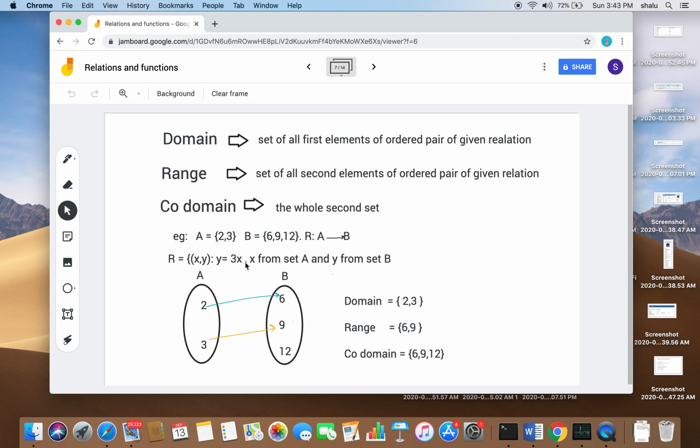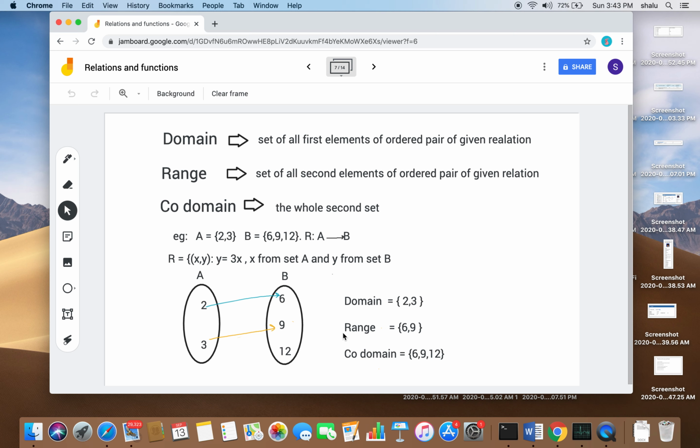If we put 3 in place of x, we get y equals 9. So the second element will be 9, which has a mapping with 3. So domain is 2 and 3, because both elements are mapped with two elements of set B.